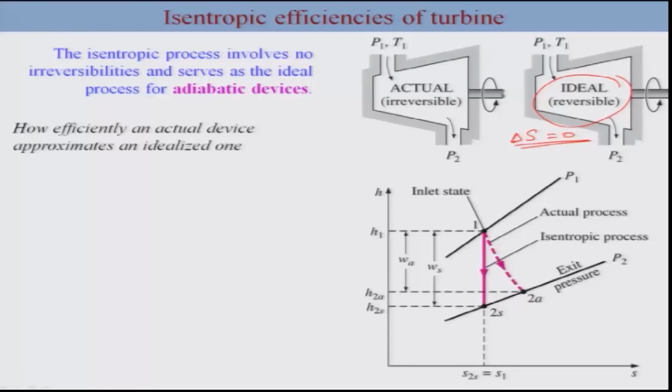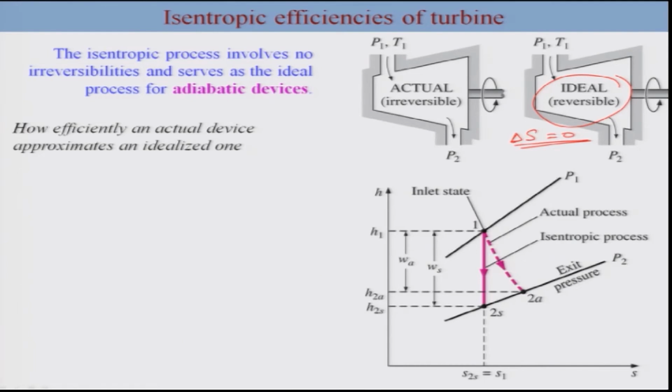Similarly in this case also, for various flow devices which operate as adiabatic condition, we will be considering an idealized device where there is no friction and other kind of irreversibility, or in other words we can consider an idealized reversible device where your entropy is constant.